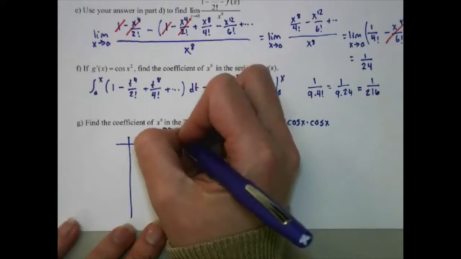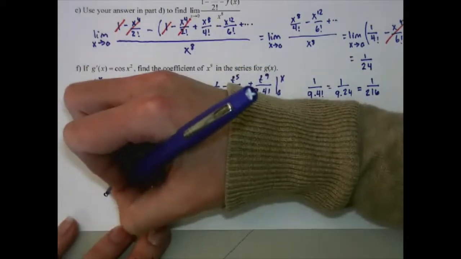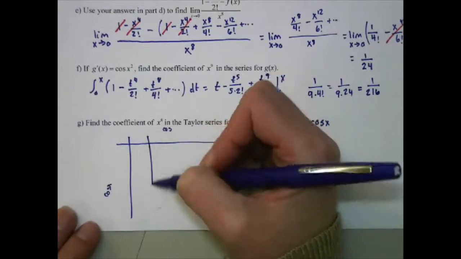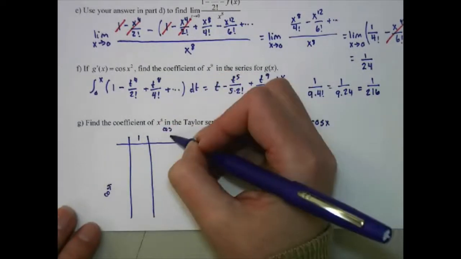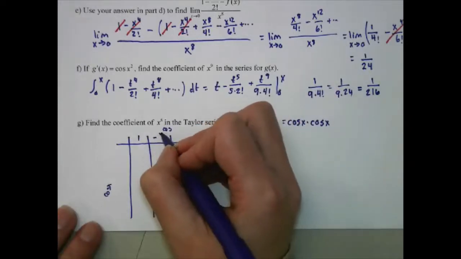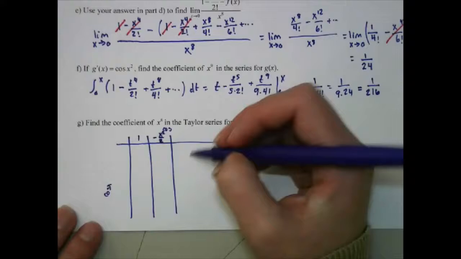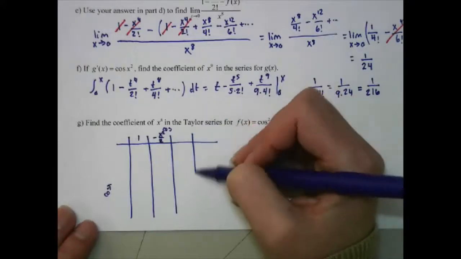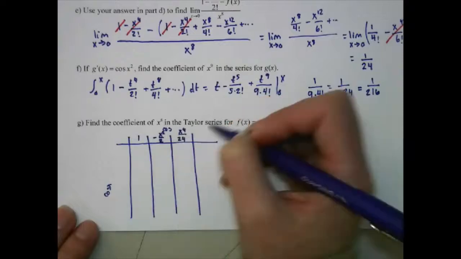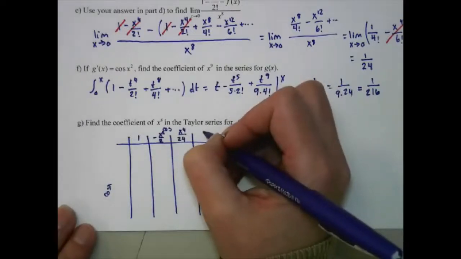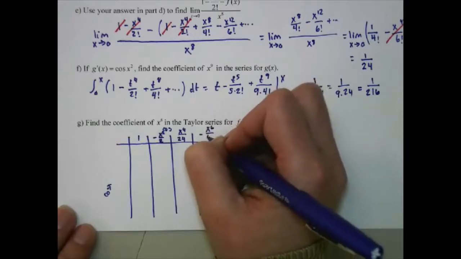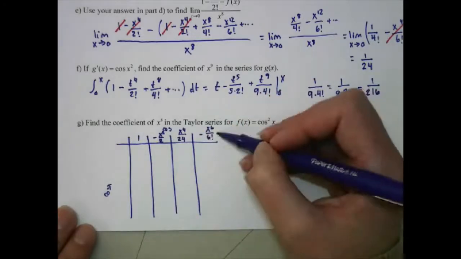make a chart. This is going to be cosine. This is going to be cosine. So I'm going to have 1, negative x squared over 2, positive x to the 4th over 24, and negative x to the 6th over 6 factorial.